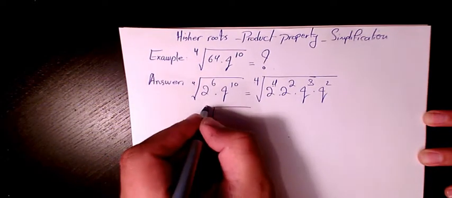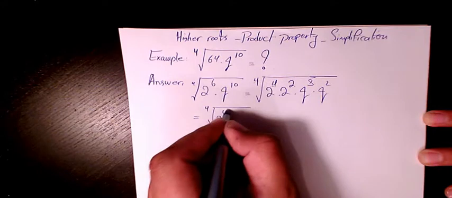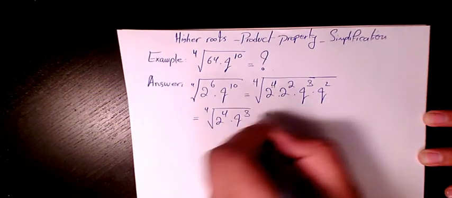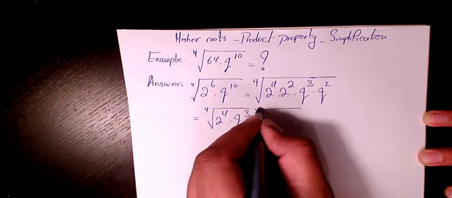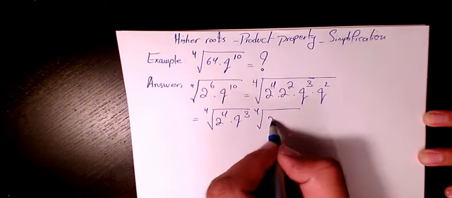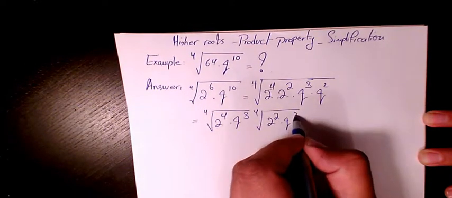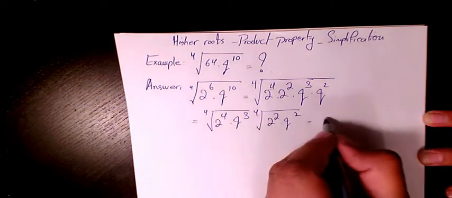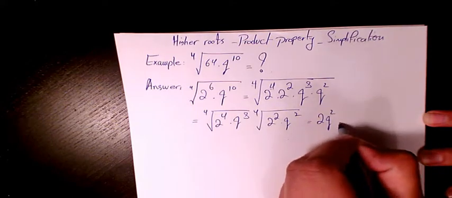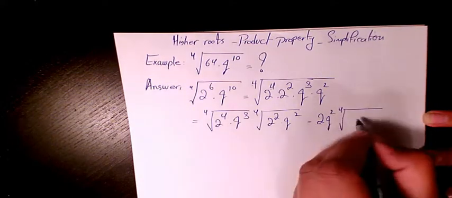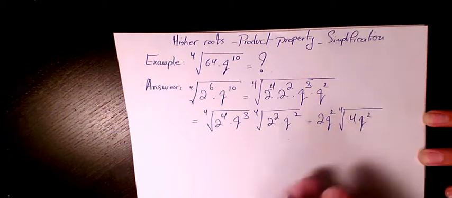Then we can separate them. We have 2 to the power of 4 and q to the power of 8 multiplied by the 4th root of 2 to the power of 2 times q to the power of 2, which makes it 2q squared times the 4th root of 4q squared.